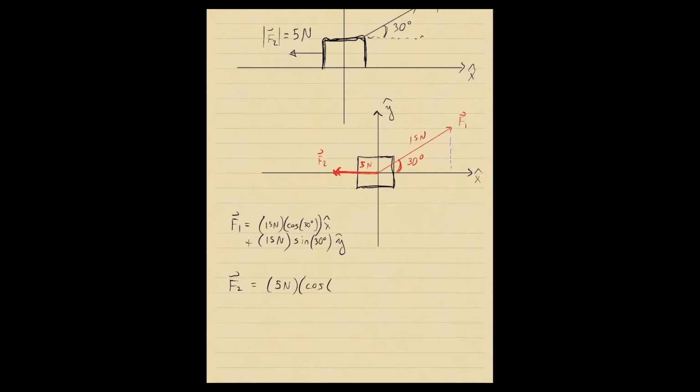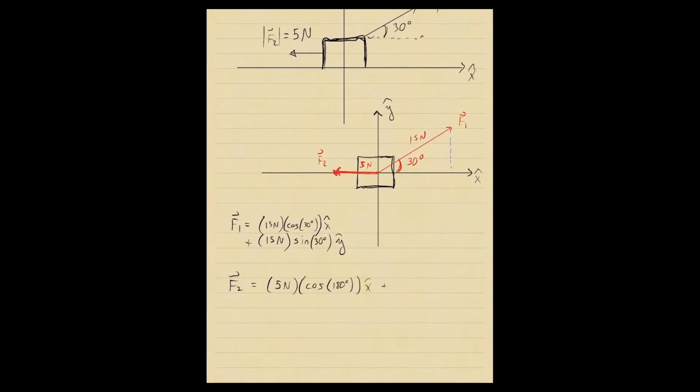So starting from our positive x-axis, we have to go 90 degrees to get to the positive y-axis, plus an additional 90 degrees until we hit our vector F2. So in total, 90 degrees plus 90 degrees is 180 degrees for our vector F2. So this is 180 in the x direction.